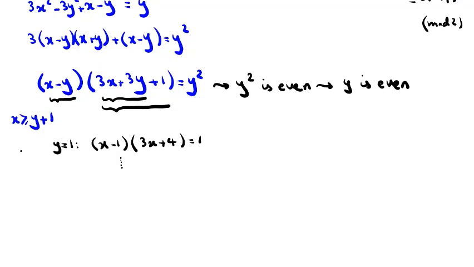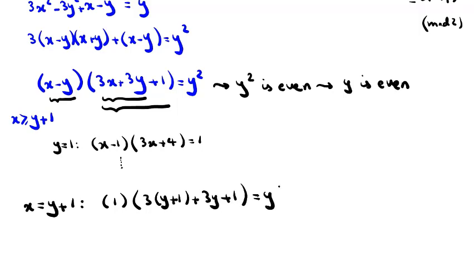The problem says find minimum x. So for example, if x equals y plus 1, then what happens? 3x will be 3y plus 3, plus 3y, so it will be 6y. Or if I write 1 times 3x, that is 3y plus 1, plus 3y plus 1, equal to y squared.